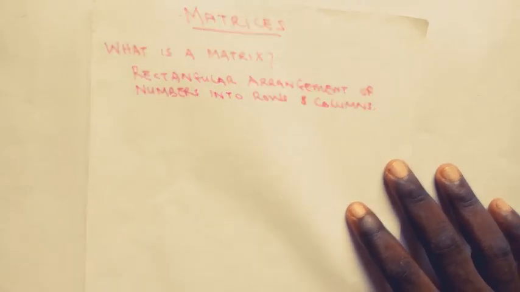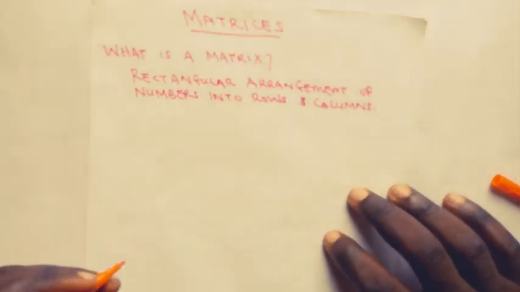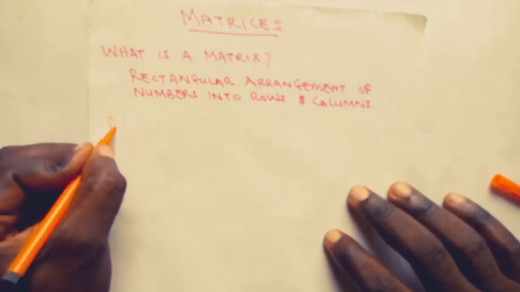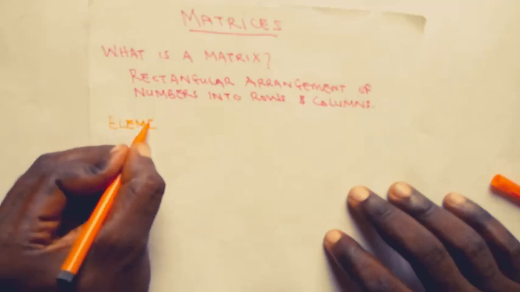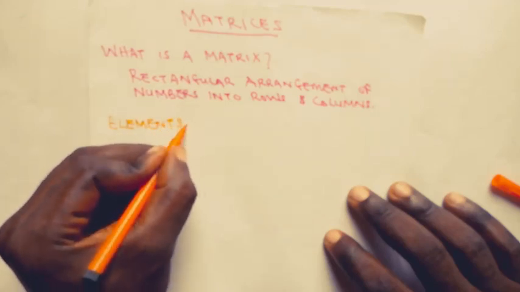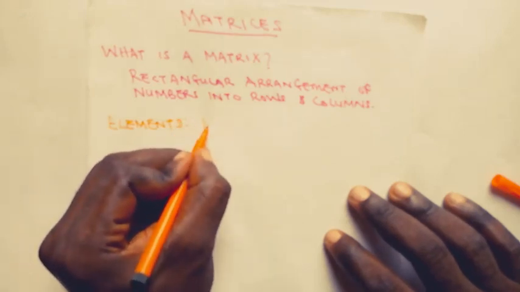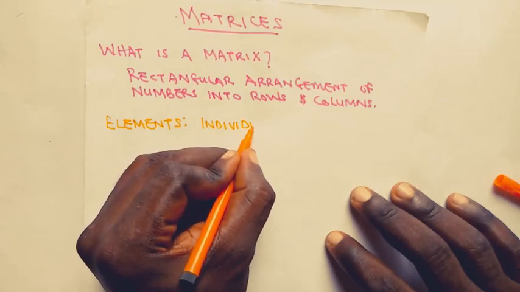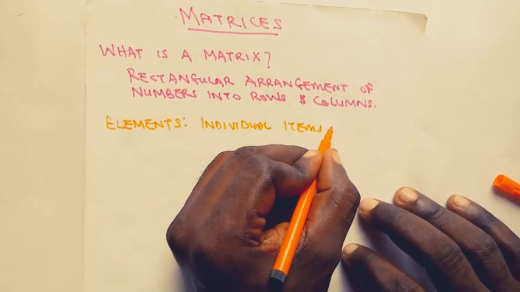Now, there are some key things I need you to understand about matrices. The first thing we call elements. The elements of a matrix are individual items in the matrix.